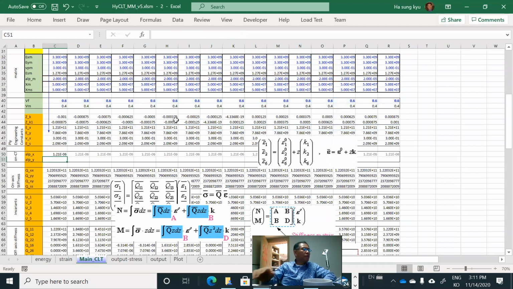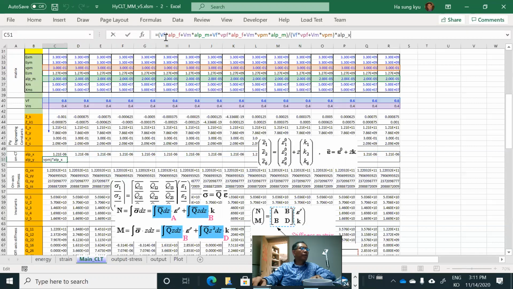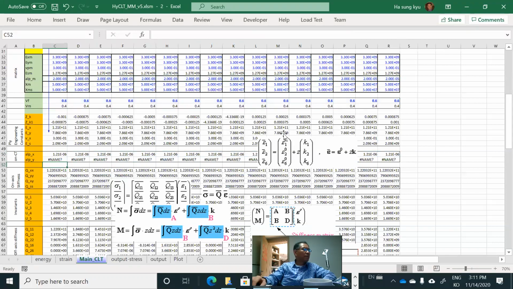So this is the one, alpha x, which we already derived, okay? And then alpha y, we already have the equations here. And double check.